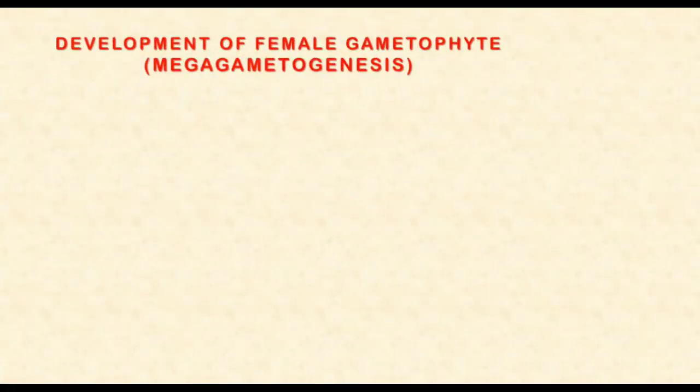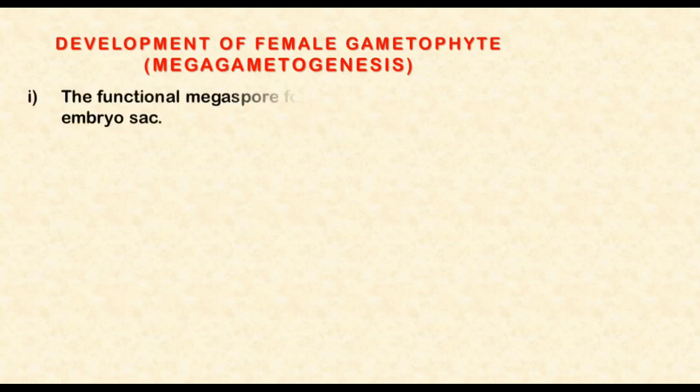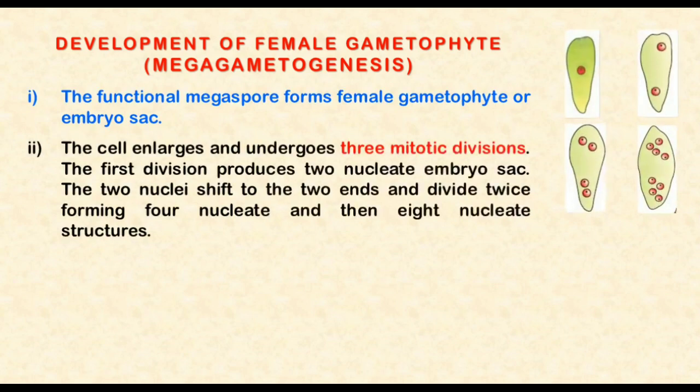Next is the development of female gametophyte, or gametogenesis. The functional megaspore forms the female gametophyte or embryo sac. Here you can see that there is only one functional megaspore with one nucleus.